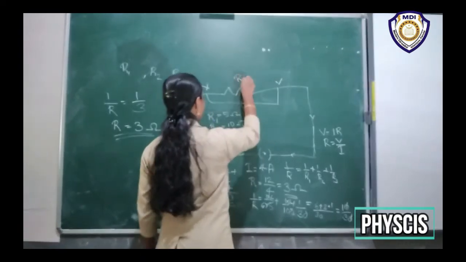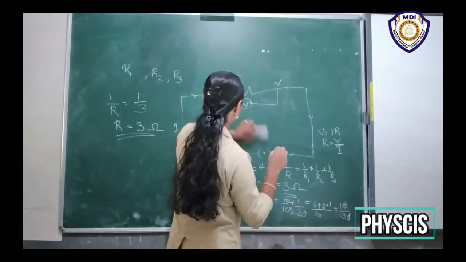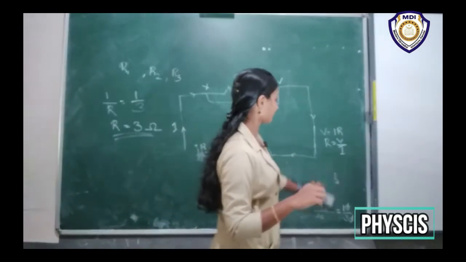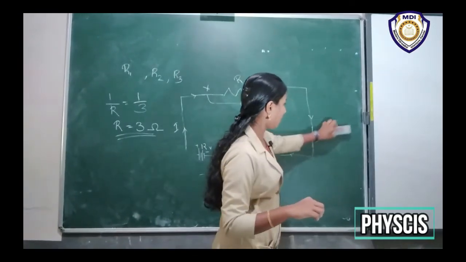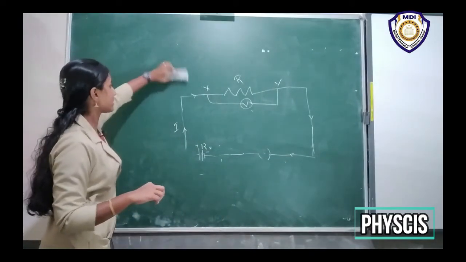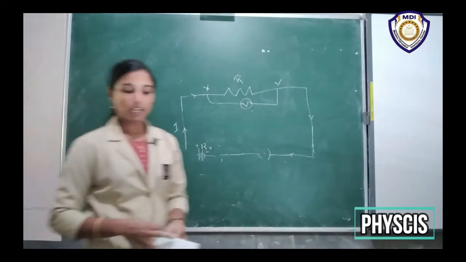Okay, this is the resistor. So how is the energy dissipated in the form of heat?